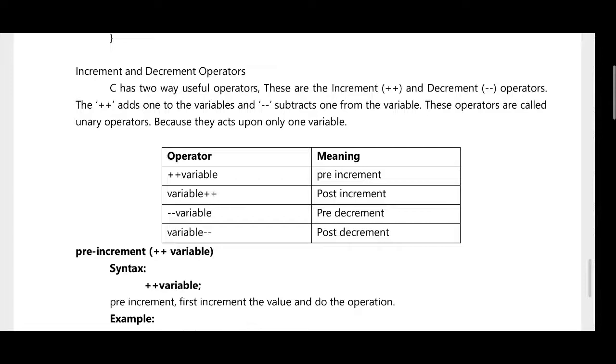These operators are called unary operators because they act upon only one variable. Operators: plus plus variable is pre increment, variable plus plus is post increment, minus minus variable is pre decrement, variable minus minus is post decrement.